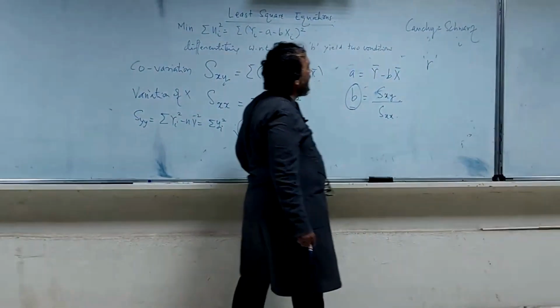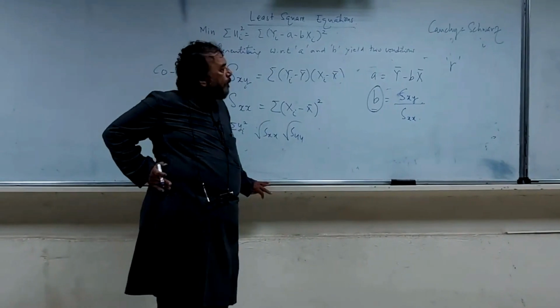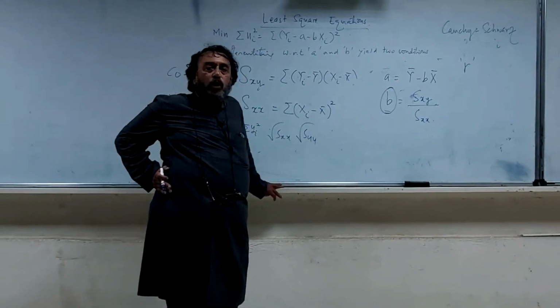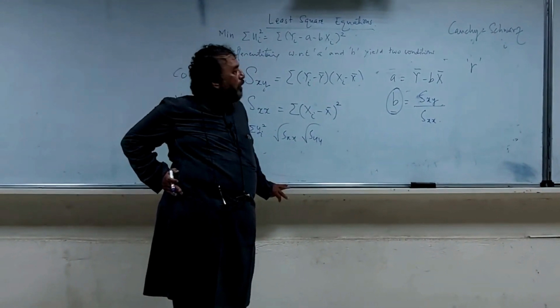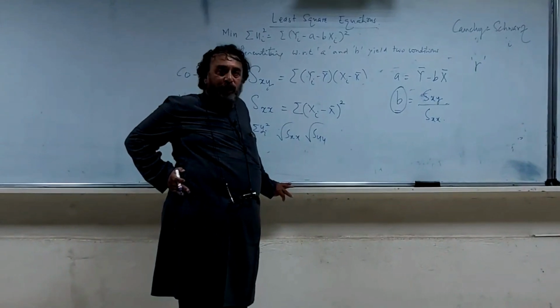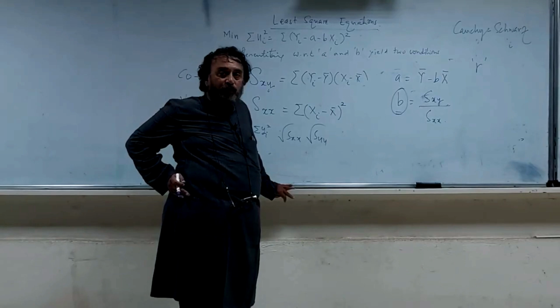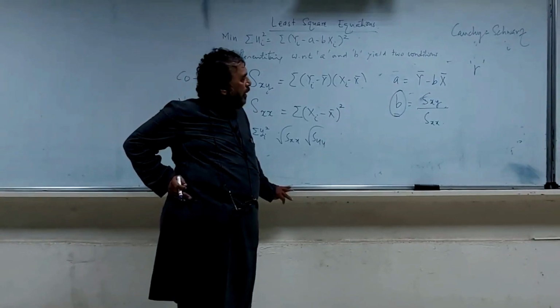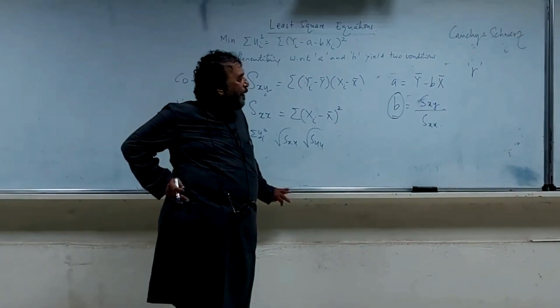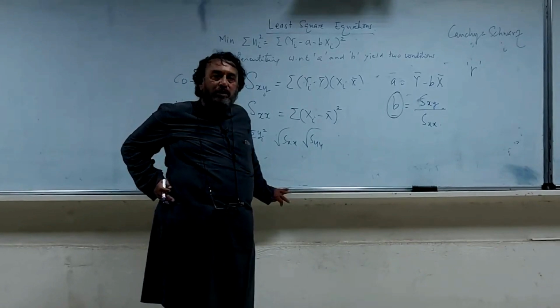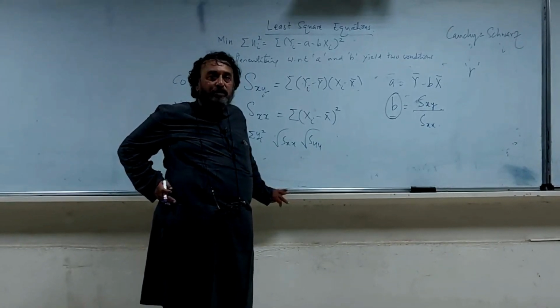This really means that the line fitted by OLS is going to necessarily pass through the paired observation called y bar and x bar. And this is also a very important property because it ensures something concerning the error term.